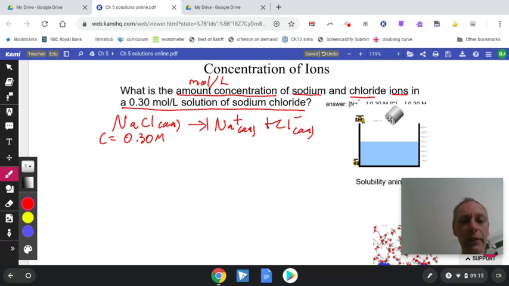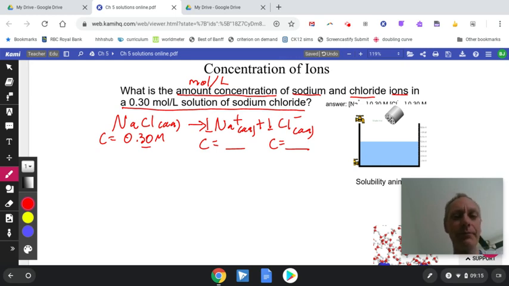Now I'm going to balance it. 1 Na plus for every 1 Cl minus. Okay, so it's a 1-to-1 ratio. So a lot of students, when they look at this and in their heads, if they're going to predict the concentration of the Na plus, and they're going to predict the concentration of the Cl minus, lots of students think that they should cut this in half because it's breaking into two parts, right?